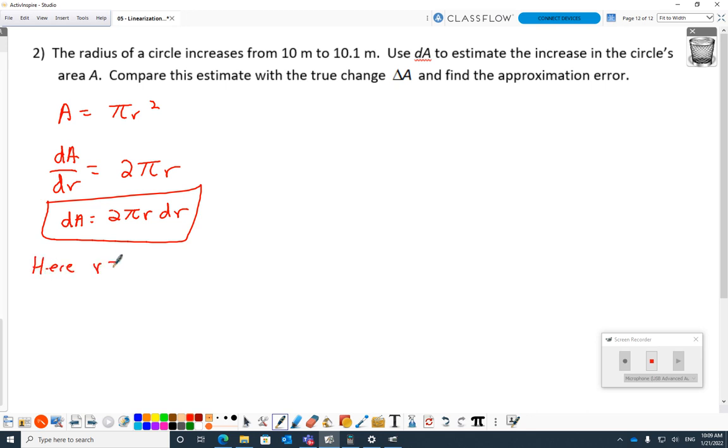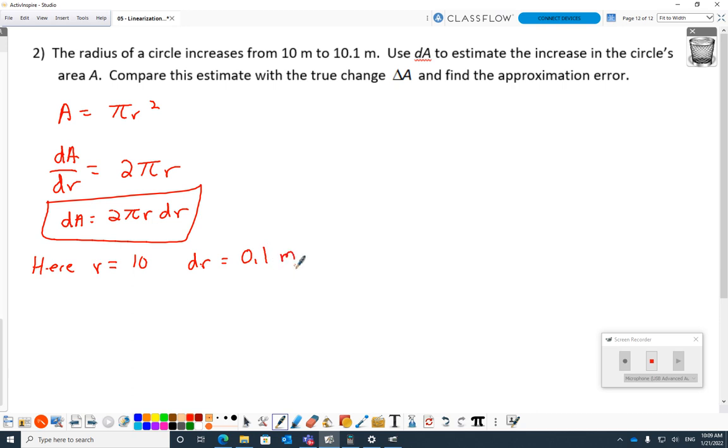r equals, what's the radius this thing starts out at? 10. Oh, that's easy. How about dr? How much did the radius move over? 0.1? Yeah, meters.